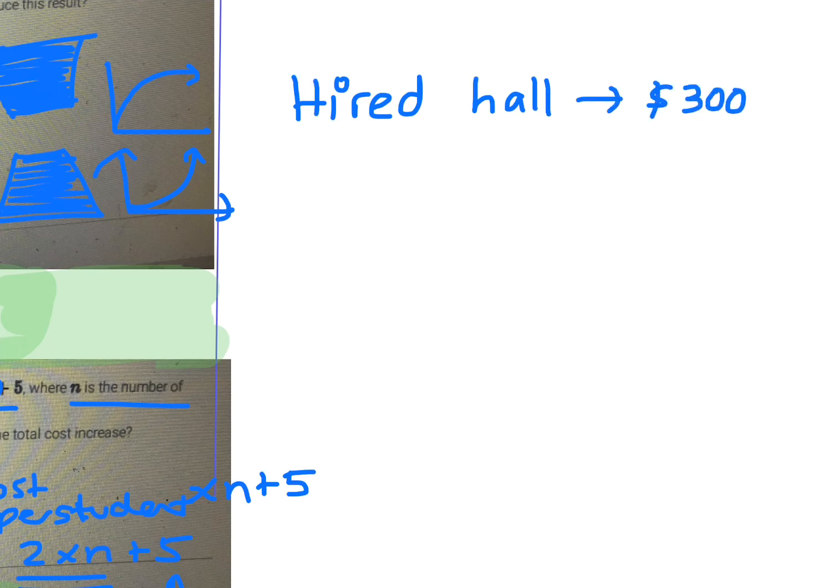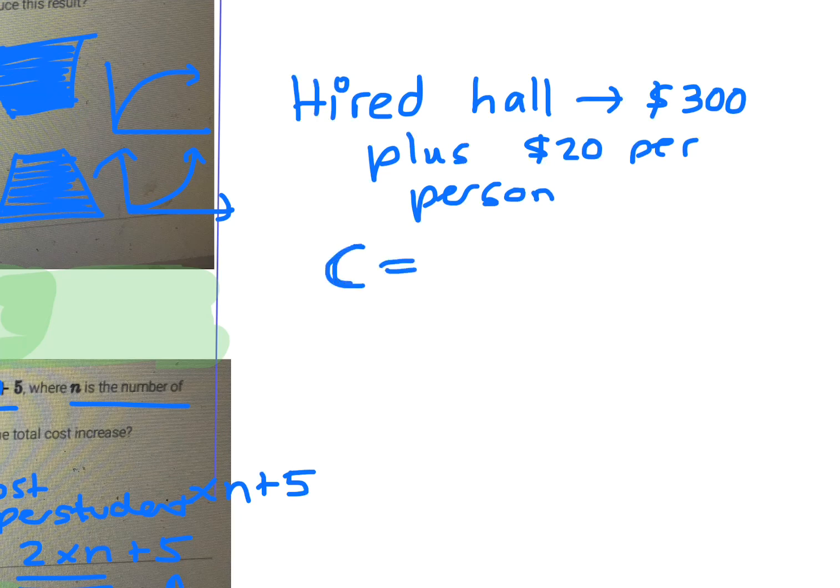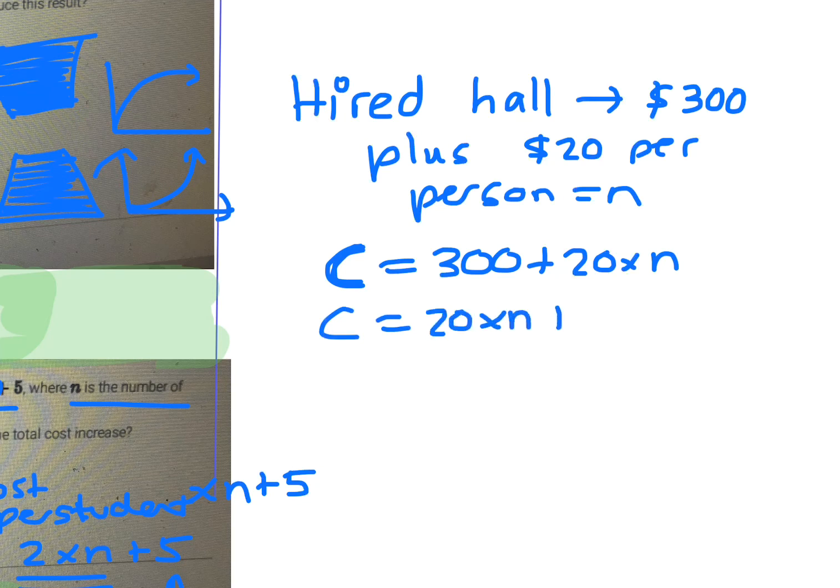Now I just want to run through, like if you hired something, let's say you hired a hall, and the upfront cost was $300, plus we're going to charge $20 per person. Okay, then the actual formula for finding the cost, where N equals the number of persons, would be 300 plus 20 times N. And see how it's in the form of y equals mx plus b?